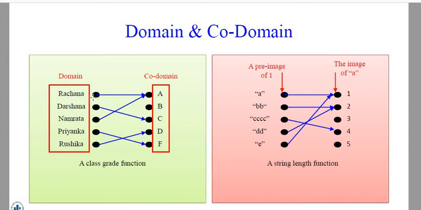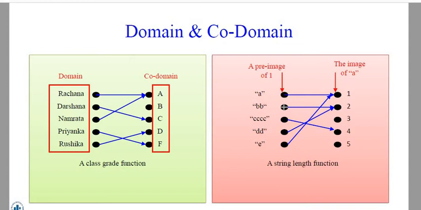It is a direct relation, right? Ashna has a grade, number has a grade, rank has a grade and all. A pre-image of 1, or the image of A. So the image of A that we have counted here, that is 1, 2, 3, 4, 5, right? And its pre-image, we call here A1.